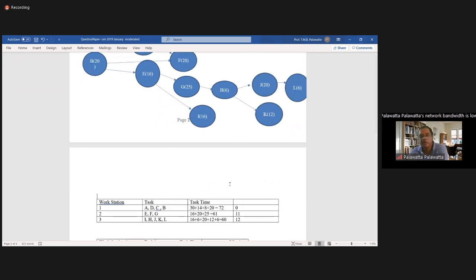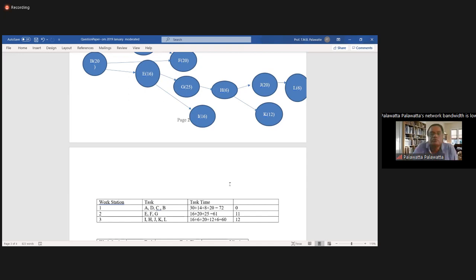This is an utter waste of money. What they could have done with 69 workers, they are doing with 130. So that's how it is.